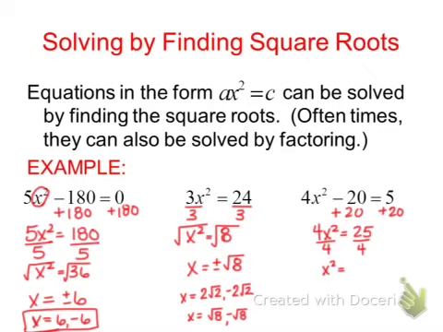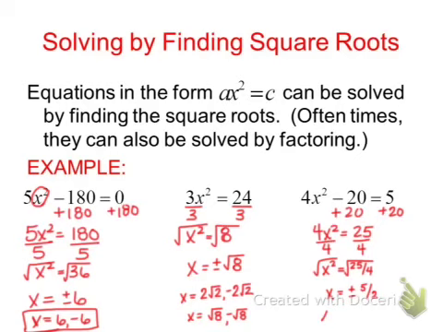25 and 4 doesn't go that nicely into 25, and I also am thinking about the fact that I'm working with square roots here, and 25 and 4 are both perfect squares. So unlike what I would normally do, which is either go ahead and divide this or try to reduce it, I'm going to leave it, because since I know that I'll be square rooting both sides, it's much easier for me to square root a 25 and get 5 and a 4 and get 2 and get 5 halves than it is to try to reduce that fraction, or make it a decimal and then try to square root it.